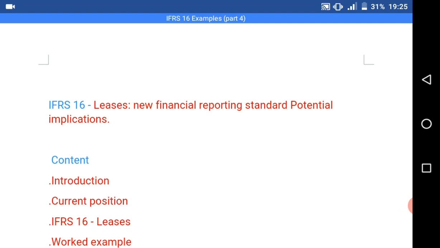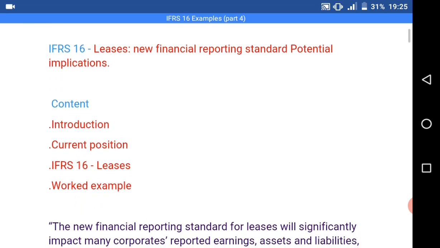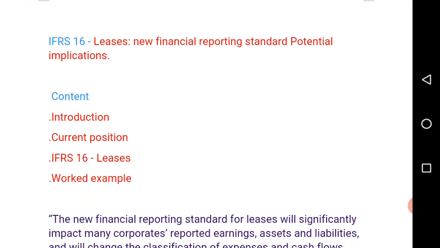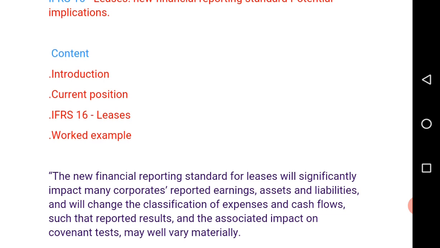Now into today's topic, part 4, we have IFRS 16 lease, new financial reporting standards and potential implications. In the topic we're going to be looking at the contents as the introduction, the current position of IFRS 16 leases, and worked examples.